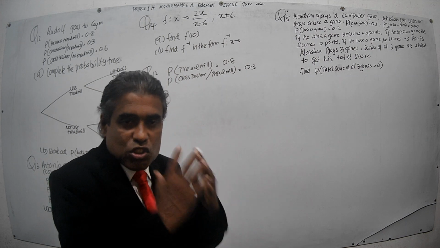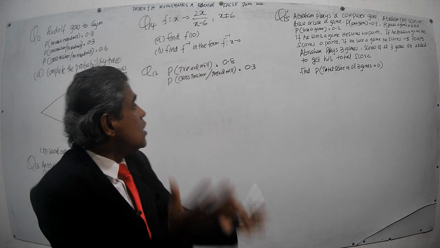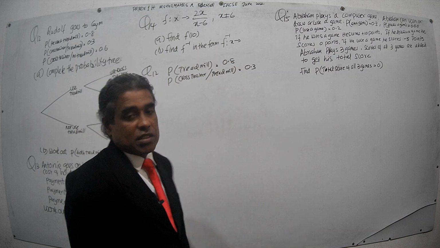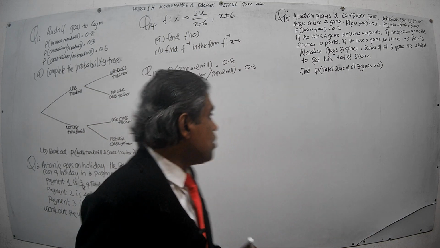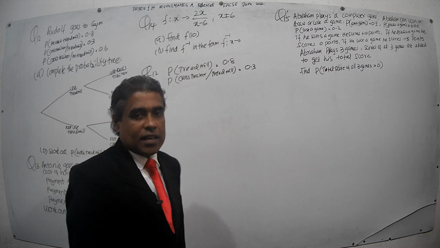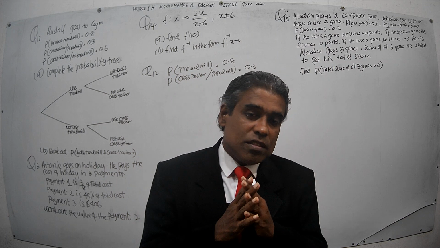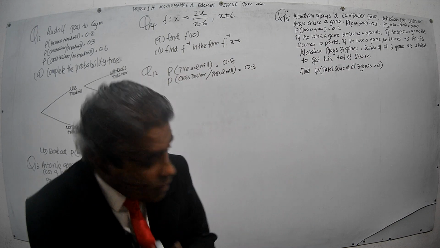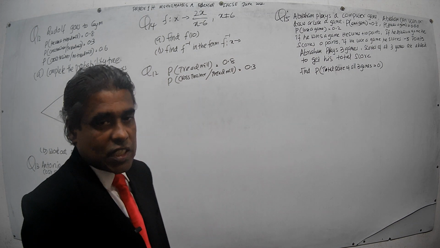That means if he uses a treadmill, then using a cross trainer after the treadmill is 0.3. That's a conditional probability. This 0.3 applies only if he uses the treadmill.